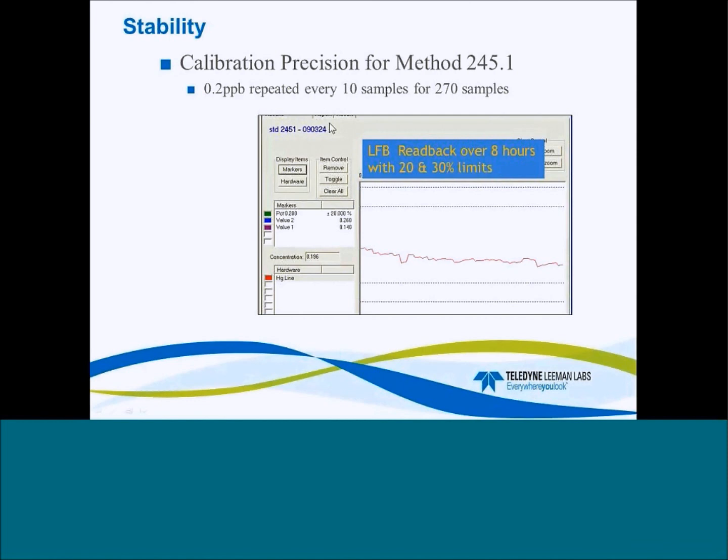So that 0.2 part per billion corresponds to the lowest standard and the lowest level of mercury that laboratories can report. And it's typically allowed 20% variation. So it can go from 0.16 to 0.24 and still be in compliance.